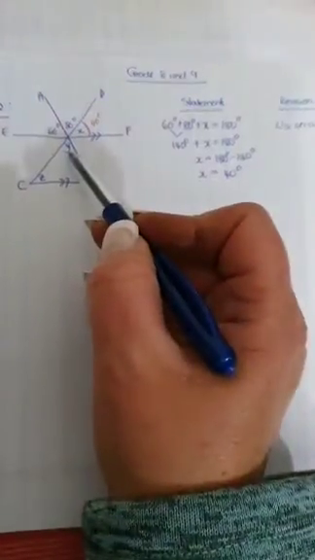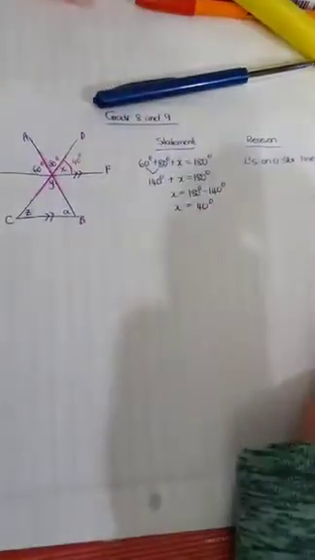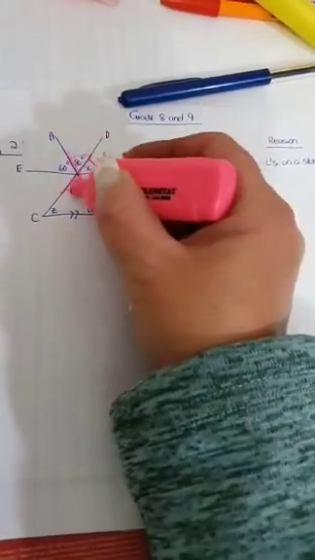I'm going to move now on to my Y. What do you notice? That you actually have the X shape. And what do you know if it forms an X shape? That these two angles here are vertically opposite to each other.